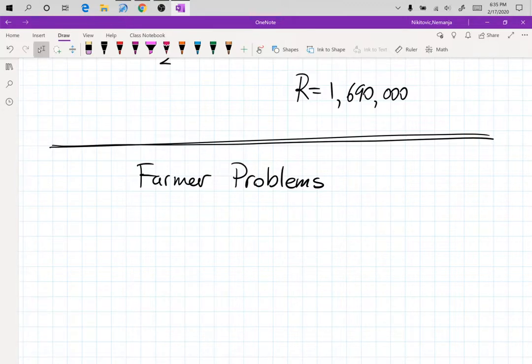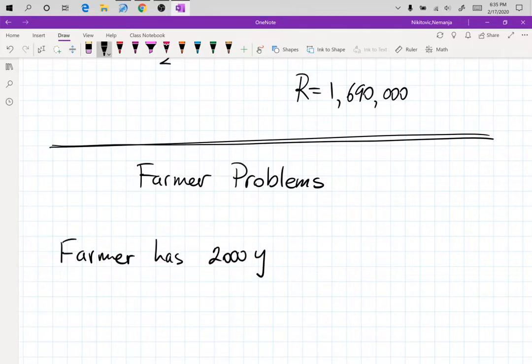Farmer wants to fence off a rectangular area of maximum area, but he has a certain amount of fence given in feet or yards or whatever, right? So let's go like this. Farmer has, let's say, 2,000 yards of fence.